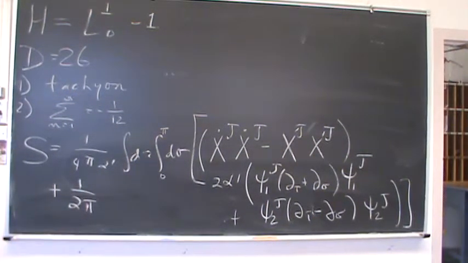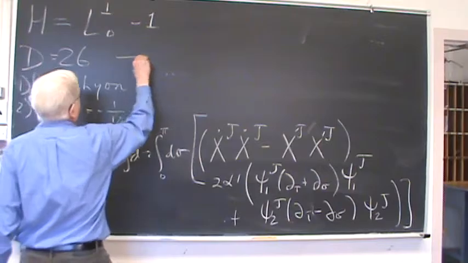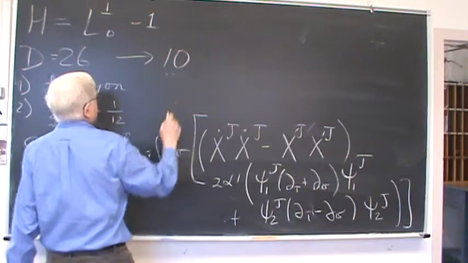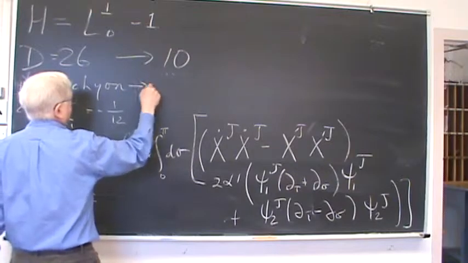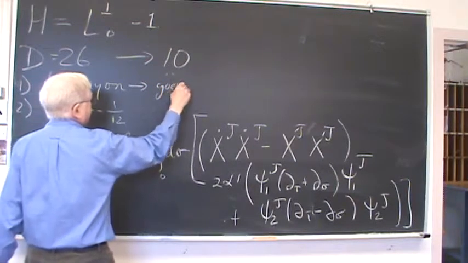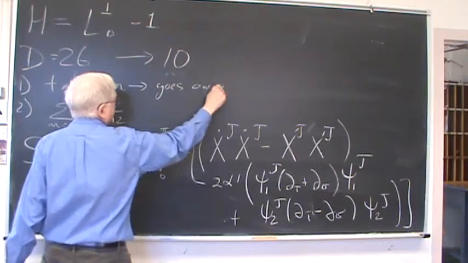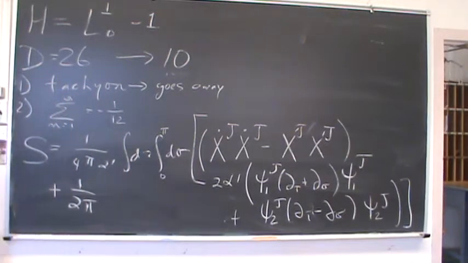So if you make the theory supersymmetric, then this goes down to 10 dimensions, and the tachyon goes away.